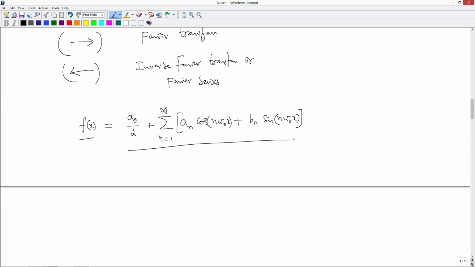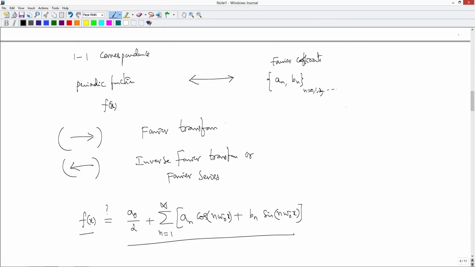So, what are those conditions? Right now we do not know exactly. Not all periodic functions you can get like this, but under certain sufficient conditions on the periodic function, it is possible.